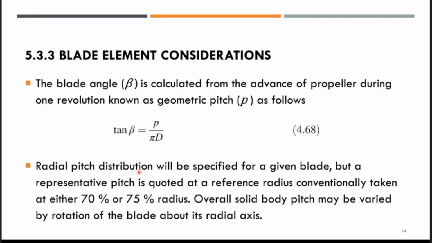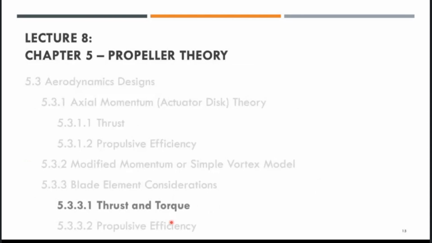The radial pitch distribution will be specified for a given blade, but a representative pitch is quoted at a reference radius, conventionally taken at either 70 or 75% radius. Overall solid body pitch may be varied by rotation of the blade about its radial axis.